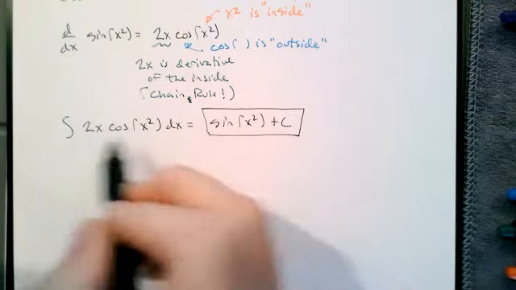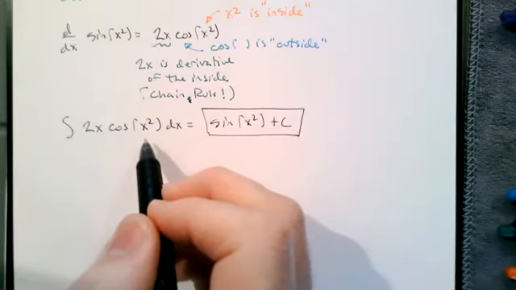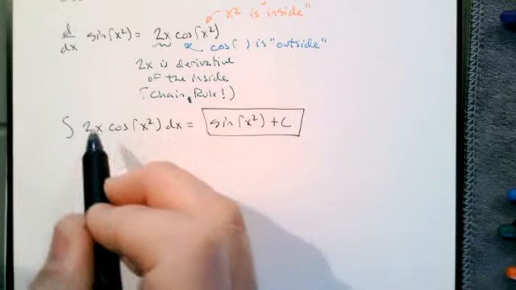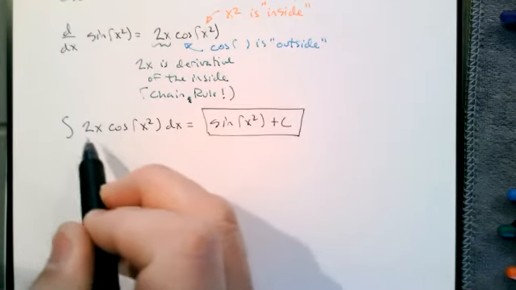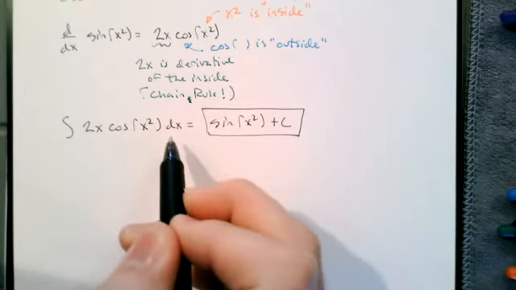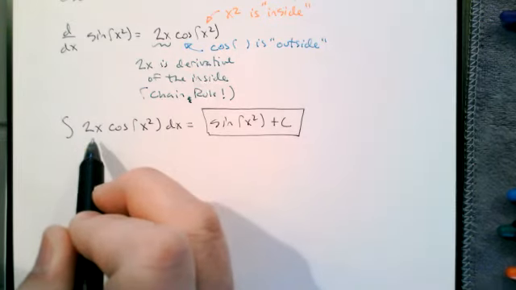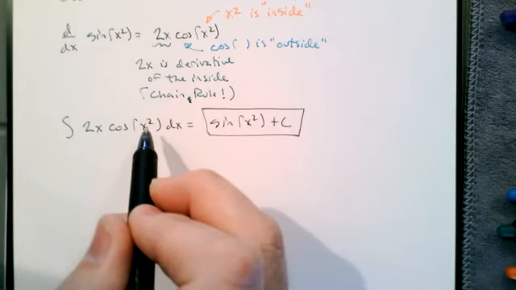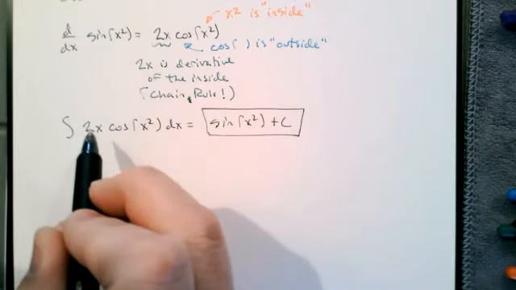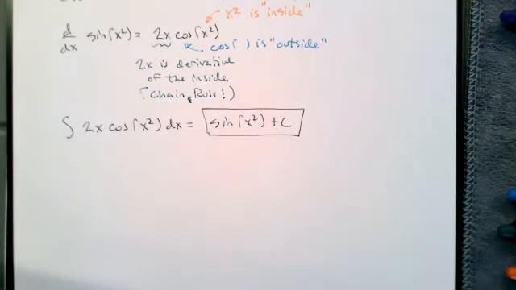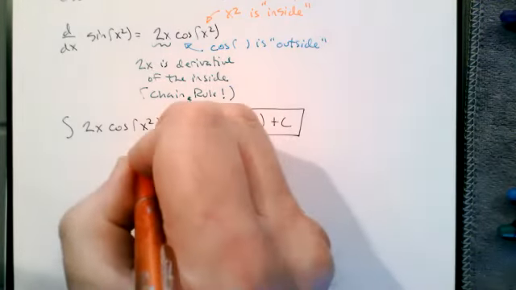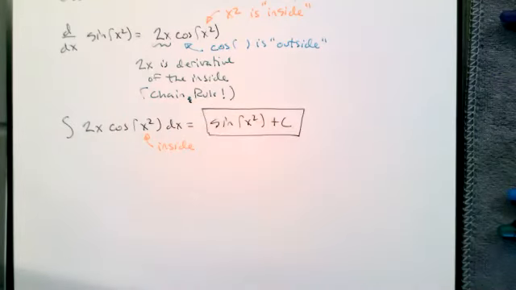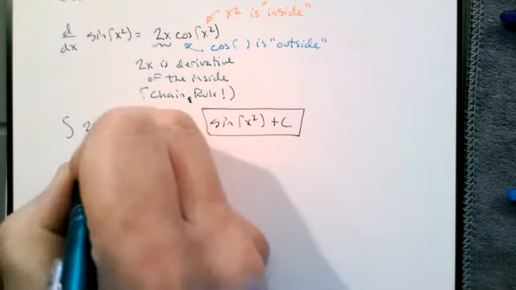All right. So here's what we want to identify. When we're doing an integration by substitution, we're going to use substitution when we can identify an inside function, and we also see the derivative of the inside in the thing that we're integrating as a factor. So for substitution, we'll be looking for an inside function, and we'll also be looking for a derivative of the inside.